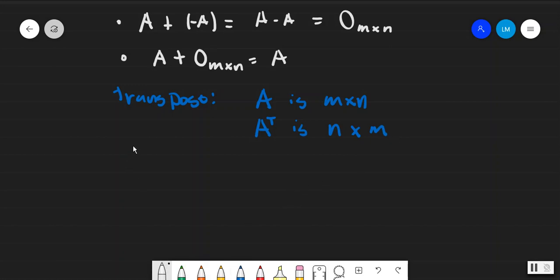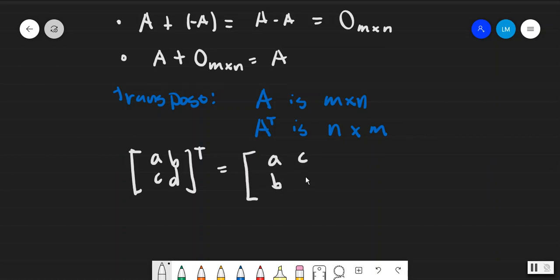If you have a matrix with entries A, B, C, and D and you transpose it, you get A, C, B, and D. So not really much change, with the exception that the off-diagonal entries swap. Notice that it went from 2 by 2 to 2 by 2, so that's where it gets a little weird when they're the same dimensions.